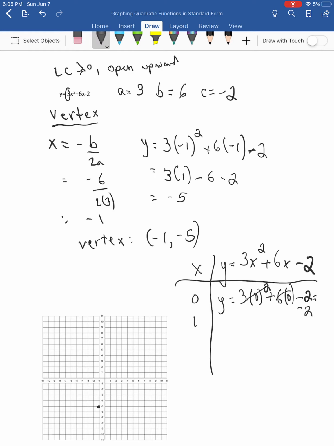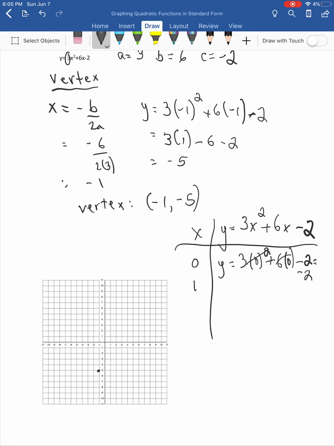That's just negative 2. So we have the point (0, -2), which is over here. And then let's get 1. So that's 3 plus 6 minus 2, which is 7. So we have the point (1, 7).